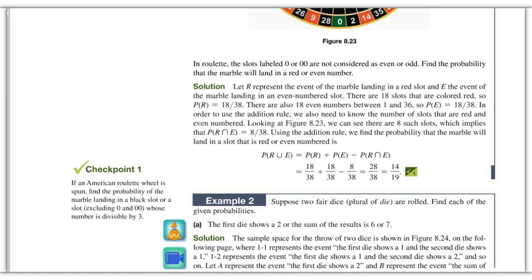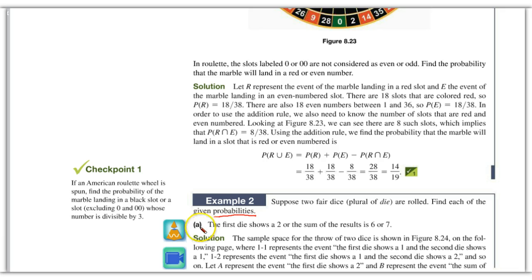In example 2 now, we're going to roll some dice. And dice, of course, is the plural of die. Find each of the possibilities. So on the next page of our text, and in your booklet actually, you have the outcome of this.